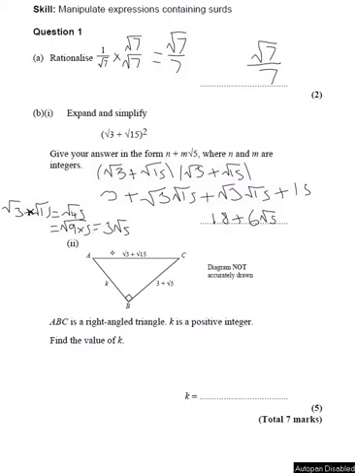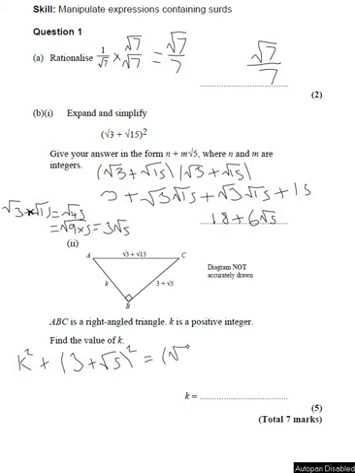Now part 2 of this question is going to involve this answer, but it is slightly more complicated. I've got a right angle triangle here, and I'm looking for a missing length, a length which is obviously positive. I know I'm going to need Pythagoras' theorem for this. What I know is that k squared plus this other length here, 3 plus root 5, if I square that, I will get this length here squared.